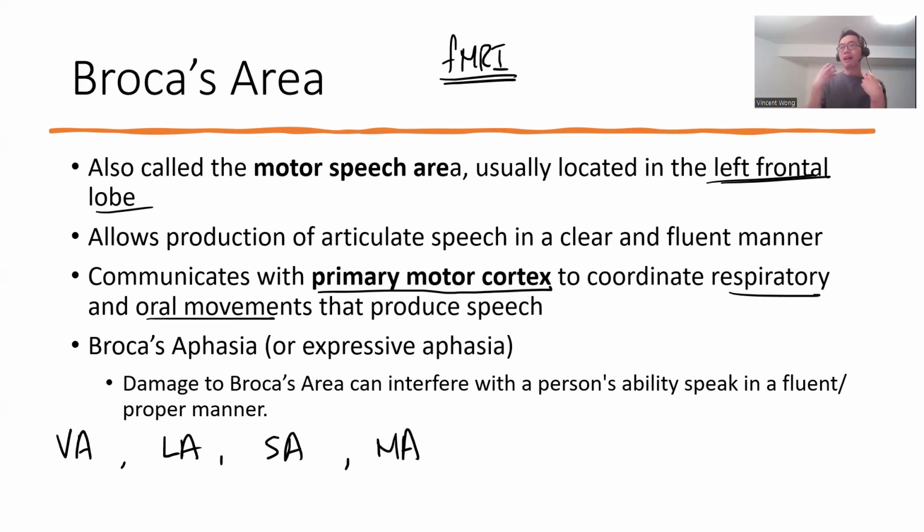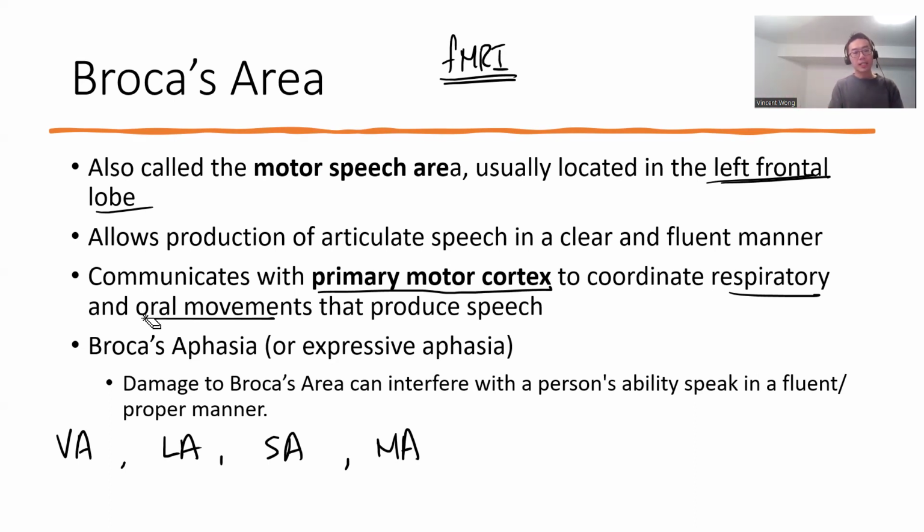So all these things, if we have to pronounce them, you actually have to move the tongue and move the lips and position them in different ways. All those voluntary movements come from the primary motor cortex. So the motor speech area, Broca's area, has to communicate with that to make sure that you are producing articulate speech.